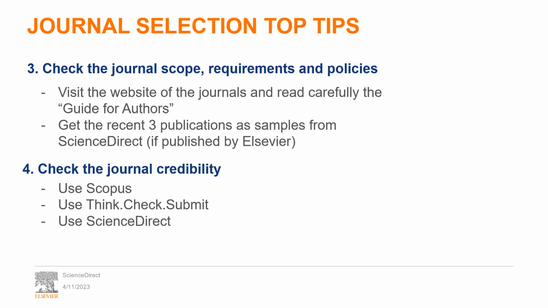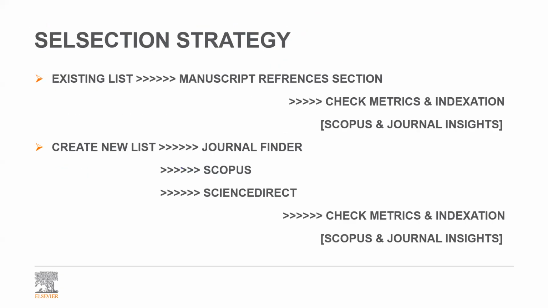I need to use Think, Check, Submit to see the main information regarding that journal and whether it's safe to publish in it or not. And I can use Science Direct, as we mentioned before, to find different titles based on a specific field that are published by famous publishers like Elsevier.